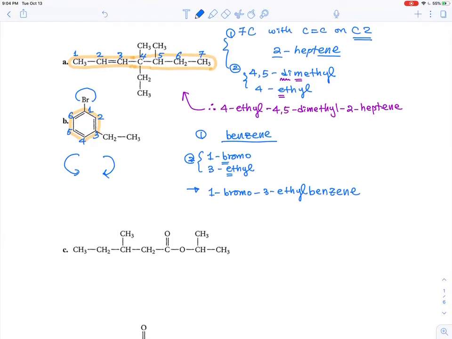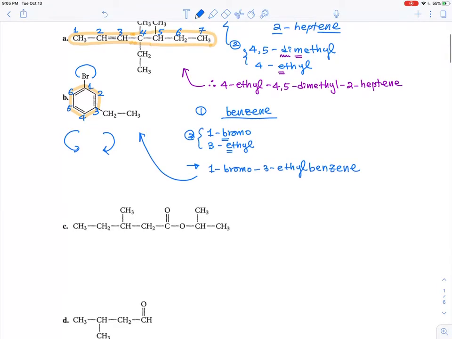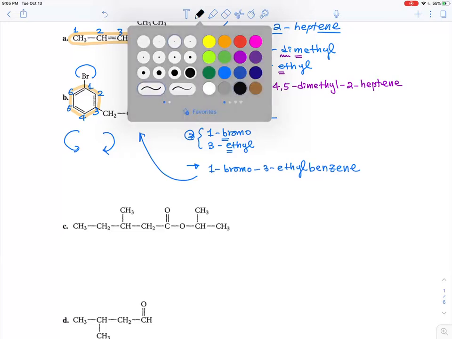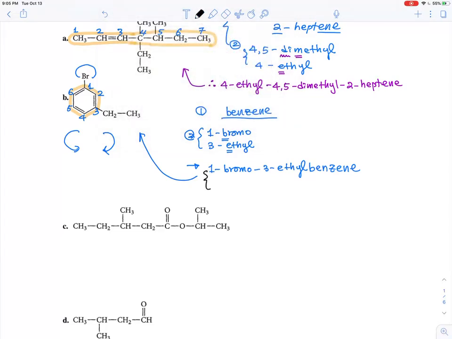Once again, once you have this, you should be able to draw it like this. And if you're looking at the aromatic compound section, there is another name for this, which is meta-bromoethylbenzene.